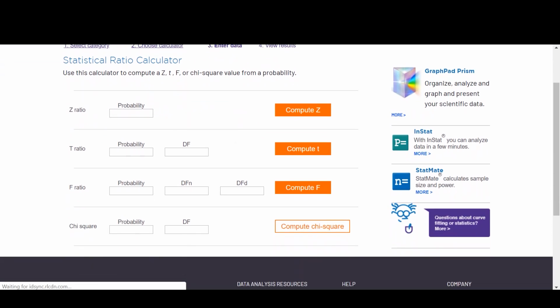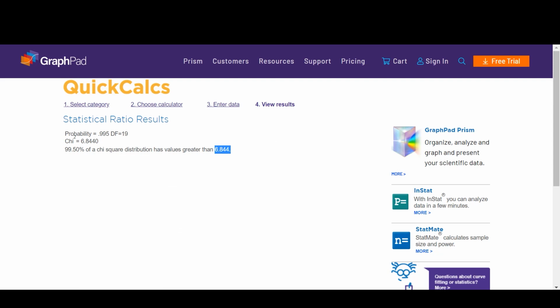For us, we're looking for chi-squared. The probabilities here are in reference to the right side of the specified number. So if I'm looking for the left one, it'll be 99% plus 0.5%, which is 0.995. The degrees of freedom is your sample size minus 1. Our sample size was 20, so that would be 19. We compute that, and we get 6.844.